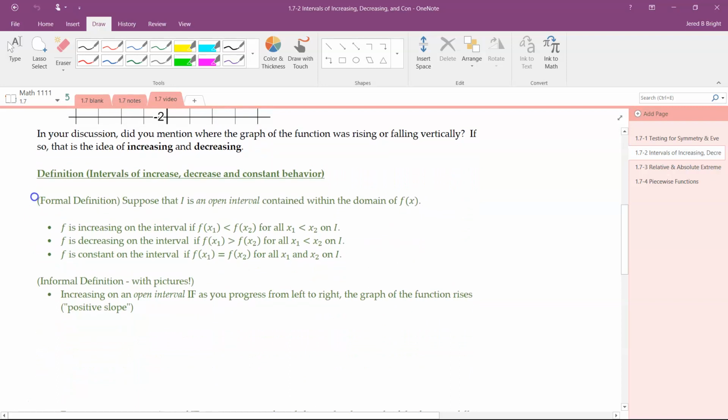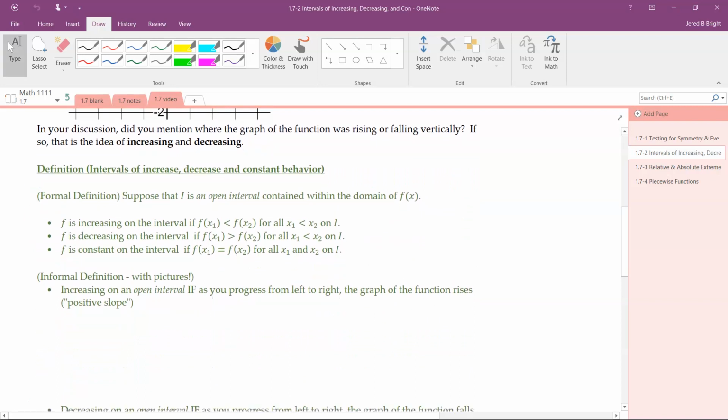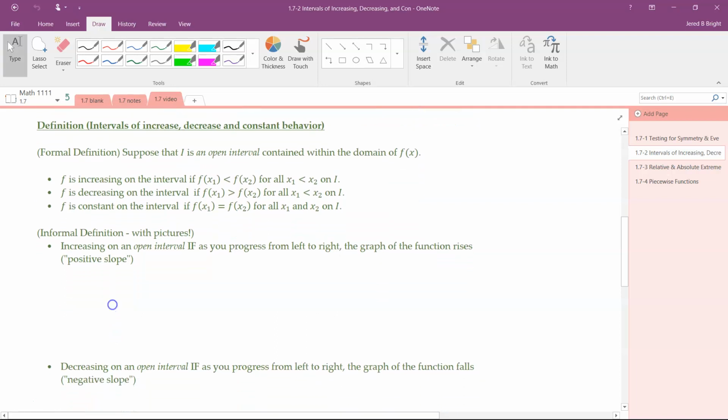Now, to discuss increasing, decreasing, and constant behavior mathematically, we need to do a little bit of technical definition, and then we're going to do it more informally. So increasing says f of x1 is less than f of x2 for all x1 less than x2.